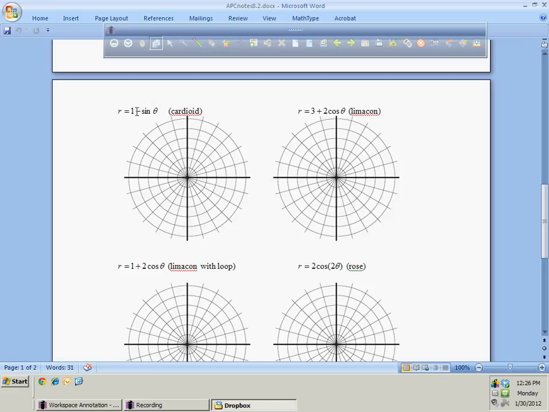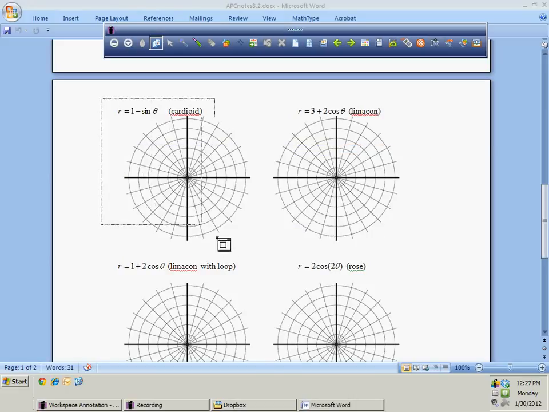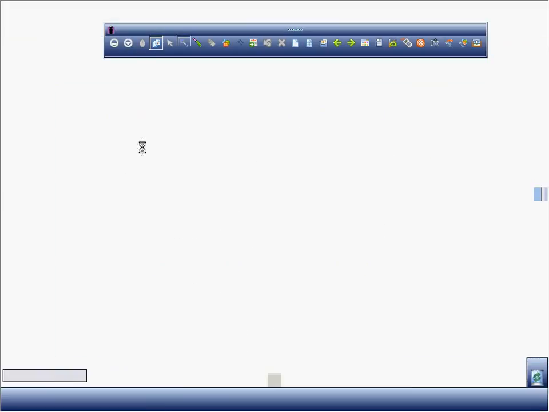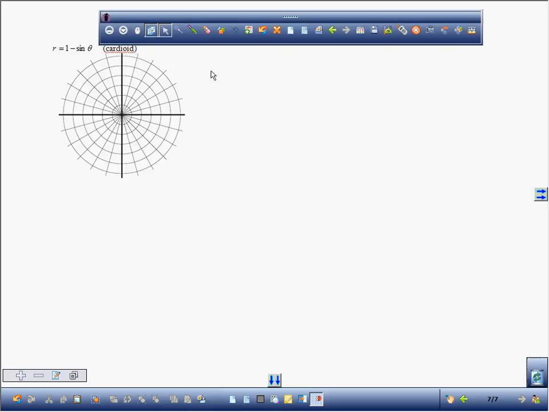It's understood that there's a 1. So the way I graph that is I'm going to make a little table of values. How do I make a little table? Is there a fast way? You guys know. Let's try to make a table. Here's a table.